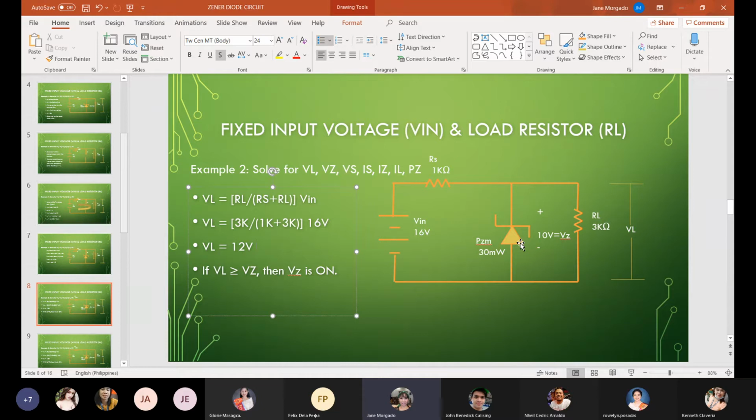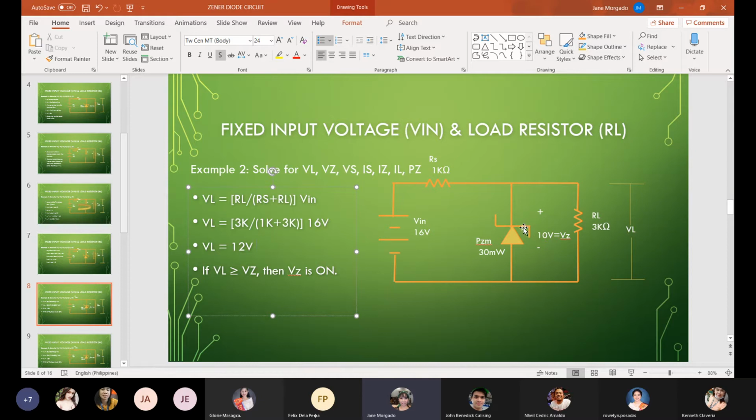Since the Zener is on, VZ is assumed equal to 10 volts. The Zener activates, and the voltage across the Zener diode is 10 volts. Even if VL reaches 20 or higher, once VZ is reached, the Zener activates at whatever its VZ rating is.